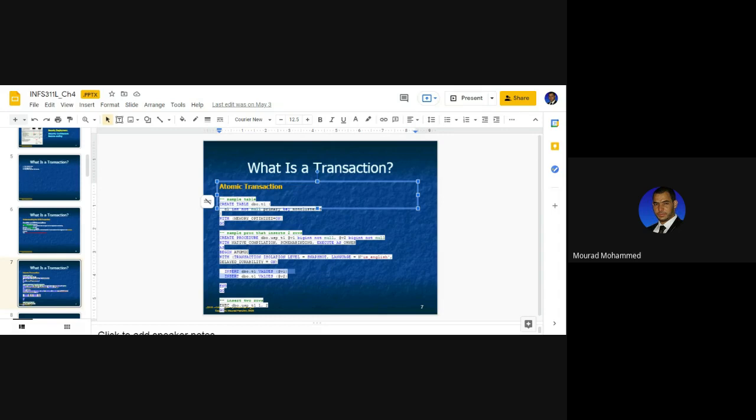So the atomic transaction has to be seen as one process by the system, whatever the content is.